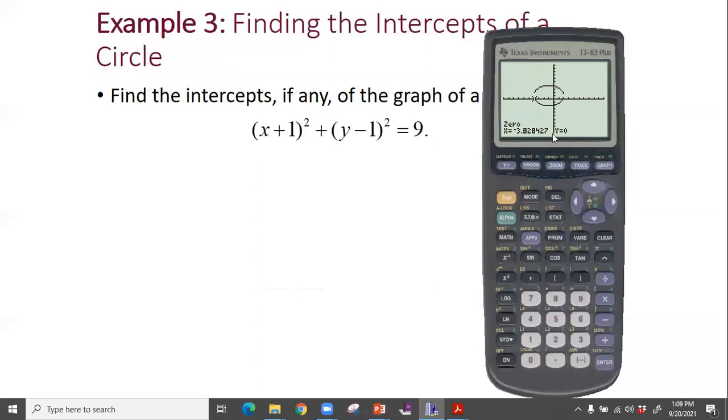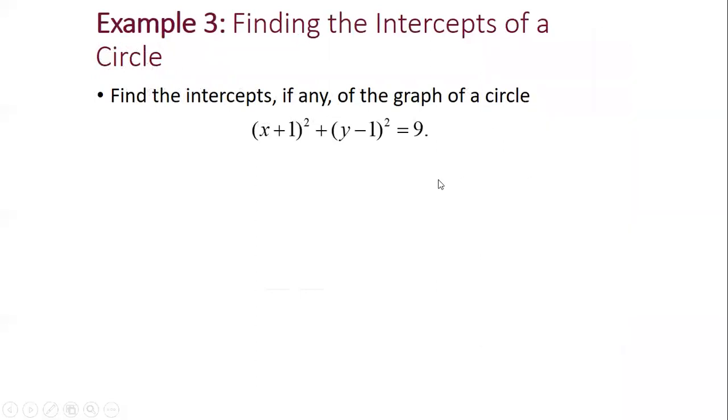So I just wanted to show you that it will do it for you, but sometimes it's easier to just do it by hand. So if you're doing it by hand to find your intercepts, to find your x-intercept, you're going to plug in 0 for y. To find your y-intercepts, you're going to plug in 0 for x.